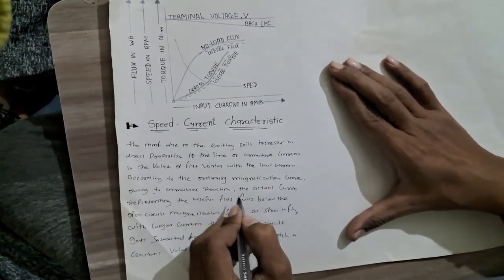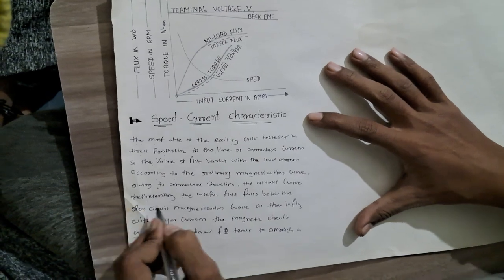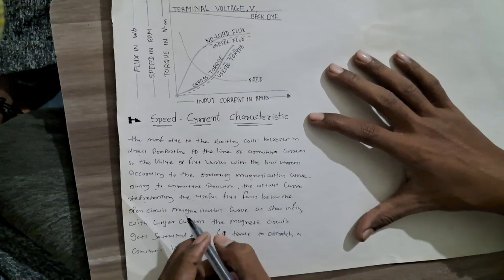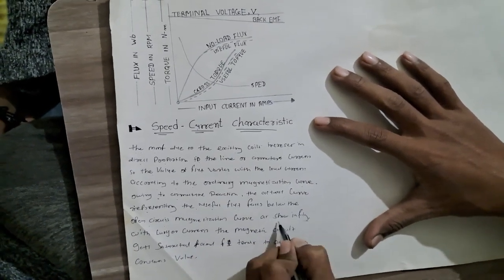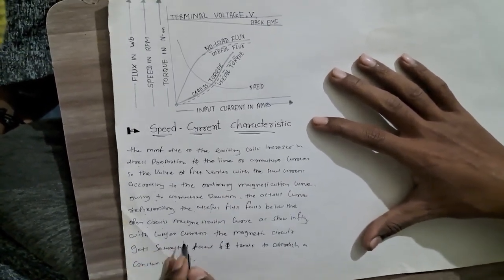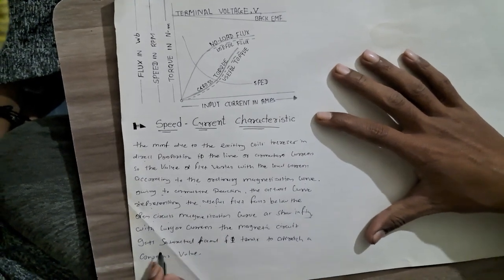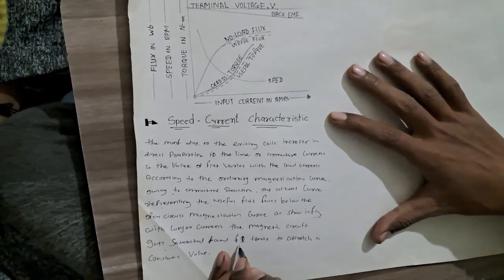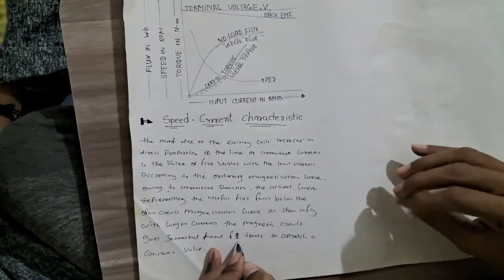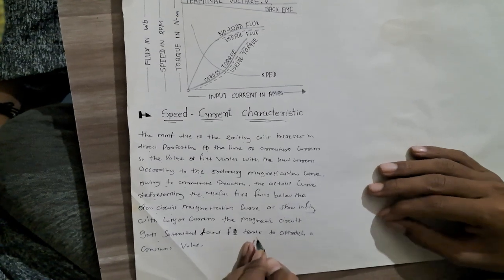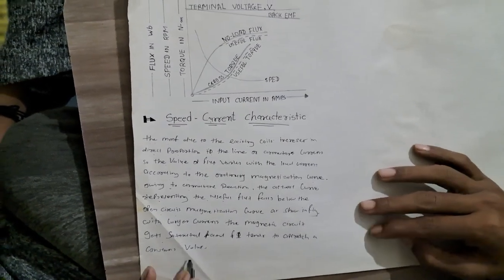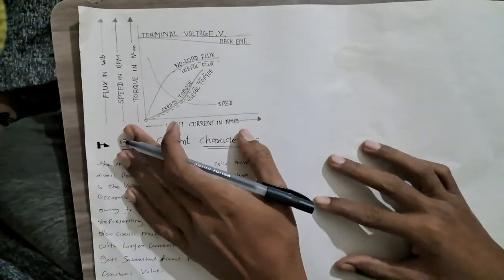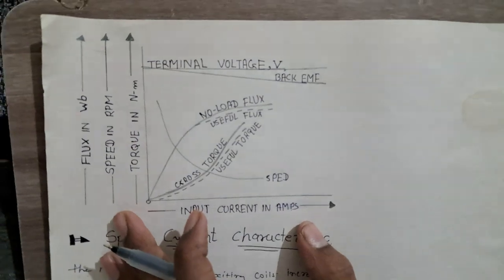Owing to the armature reaction, the actual curve representing the useful flux falls below the open circuit magnetization curve, as shown in the figure. With larger current, the magnetic circuit gets saturated and flux phi tends to approach a constant value. This is the figure of the speed-current characteristic.